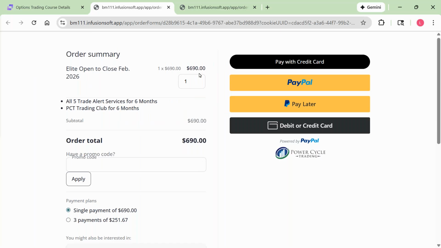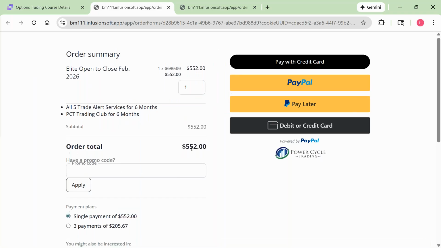The cost is $690, but when you use today's code, alert 20 small cap, that'll drop it down to 552, which is like $92 a month for my 5 alerts plus the trading club for the next 6 months.